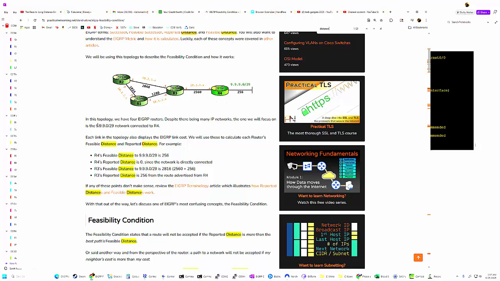Now, how do I see that? That's the missing link here. Because what we need to look at is router 2's feasible distance. Router 2 has a feasible distance to the loopback of 2.2.2.2.